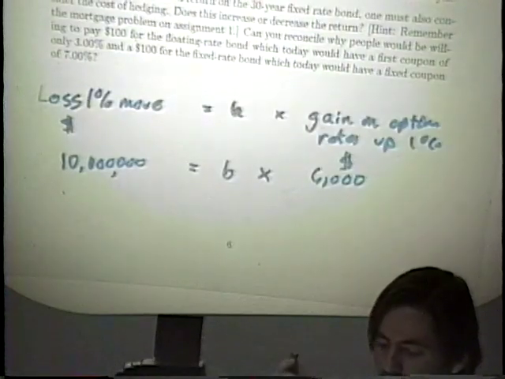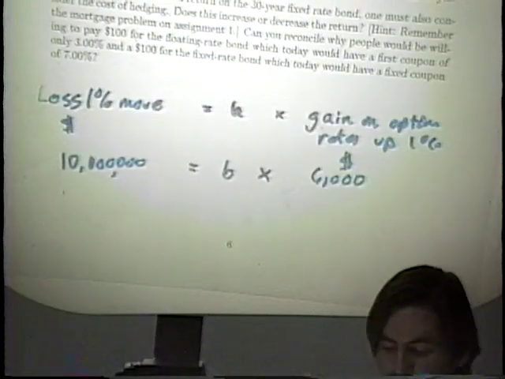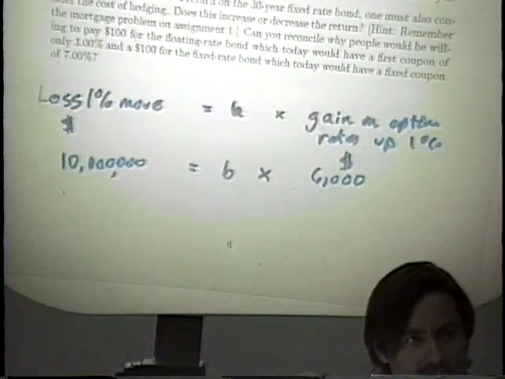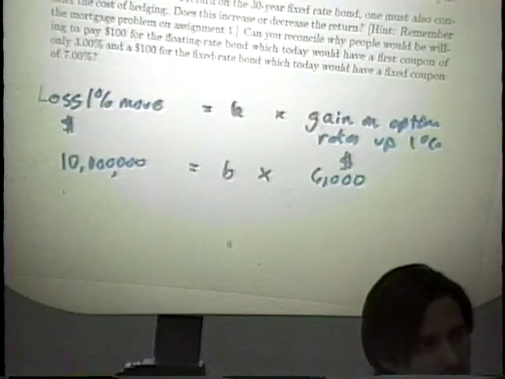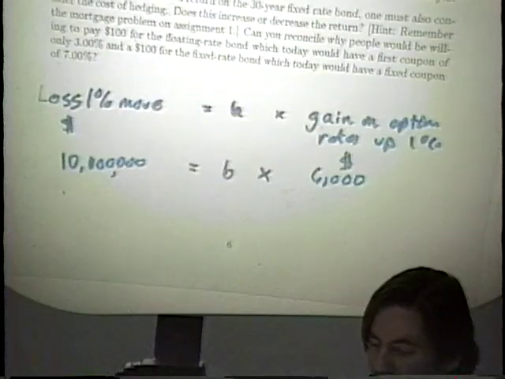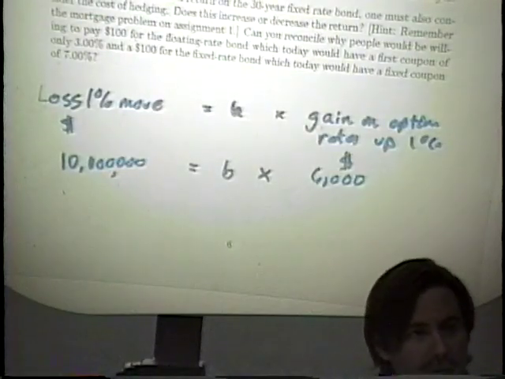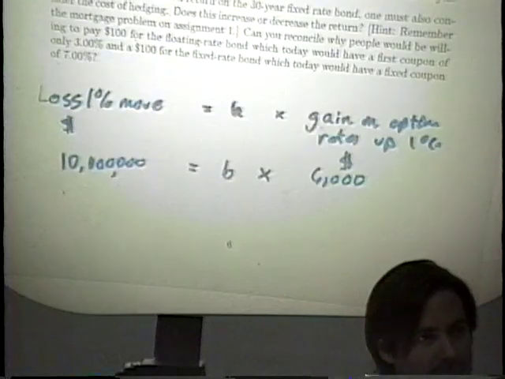E part: suppose the delta of the call is 0.5, the delta of the put is negative 0.5. Does this affect the size of your option position? Definitely. So it decreases the sensitivity of the option to a move in the underlying bond price. It's effectively knocking the duration down from 6 to 3.